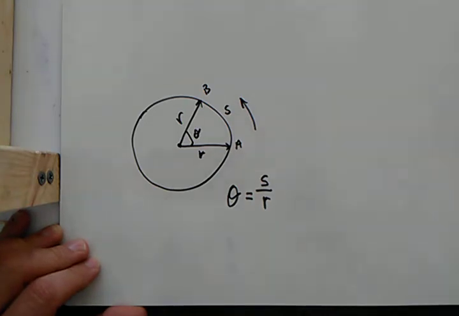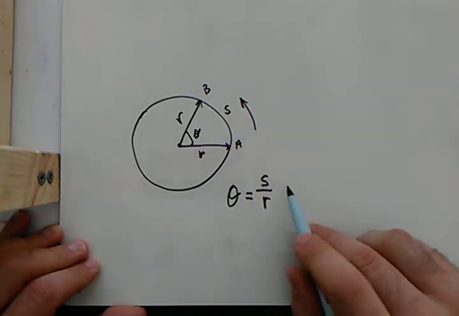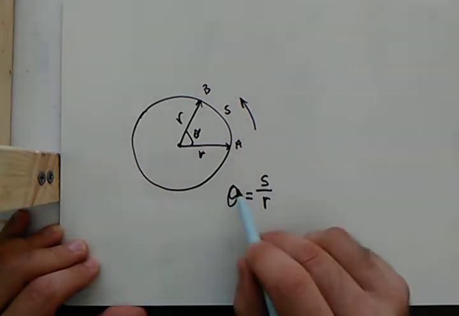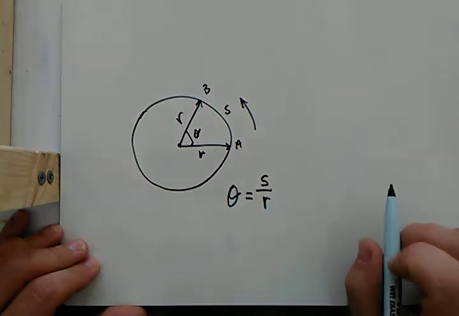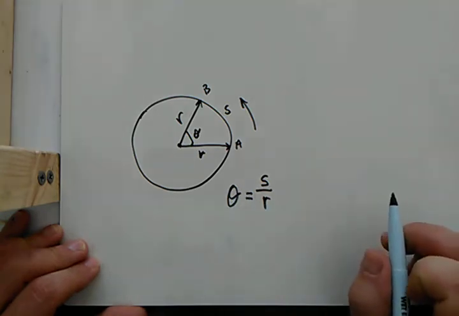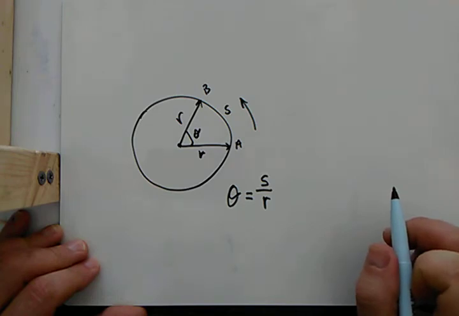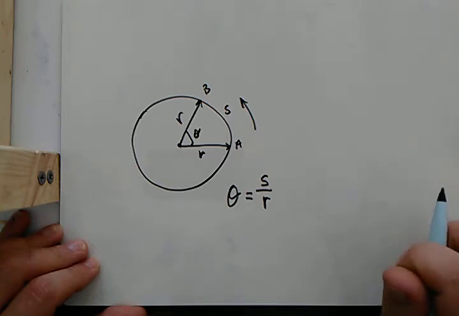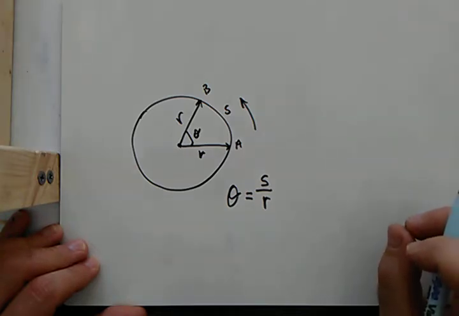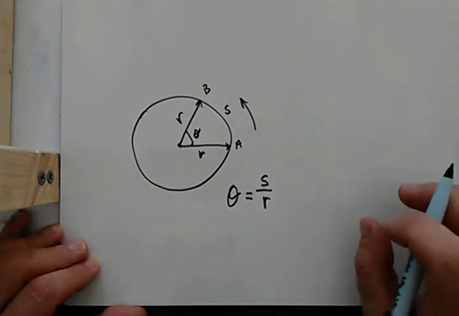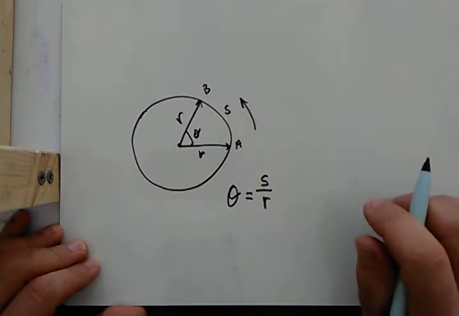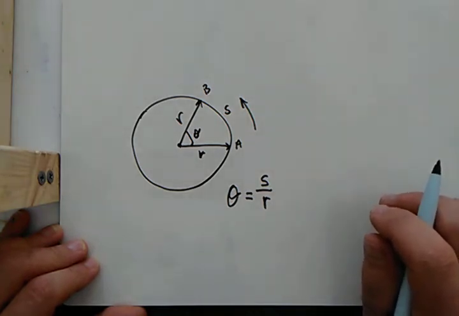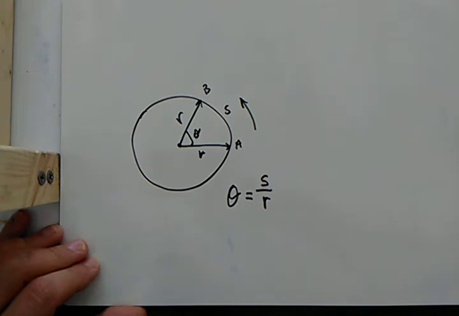A little background theory on this is the fact that with angles now, we're not going to be using degrees. We're going to be using something called radians. And in your calculator, you want to make sure that you are switching back and forth between the right units, degrees versus radians. Degrees would be marked DEG, and radians would be marked RAD on the calculator.